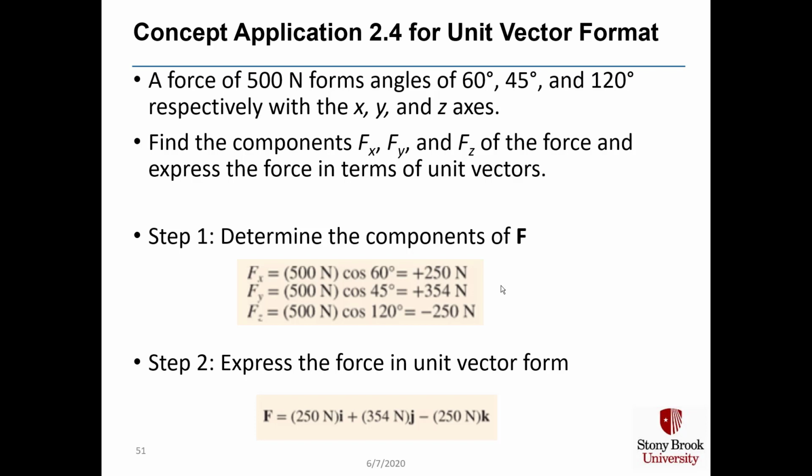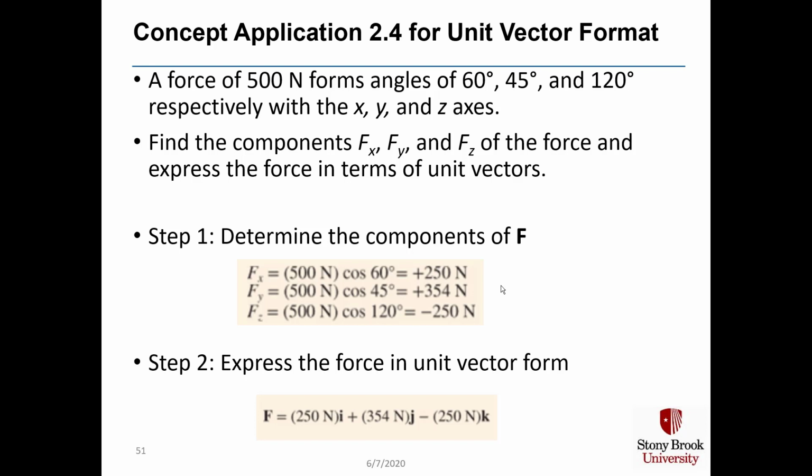We can determine the components of F because we're given the angles theta sub x of 60 degrees, theta sub y of 45 degrees, and theta sub z of 120 degrees. So we take our 500 newtons and we multiply, in three independent equations, times the cosines of the angles, and we get three values: 250 newtons, 354, and minus 250 newtons.